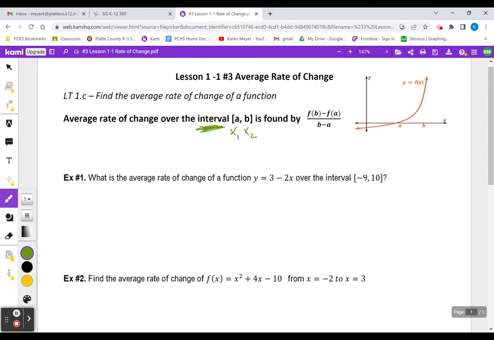Then our job is to find the y1 and y2. Sometimes you will have to calculate it, and sometimes you can find it off of a graph. But once you know both x numbers and you know both y numbers, then average rate of change is also known as slope.